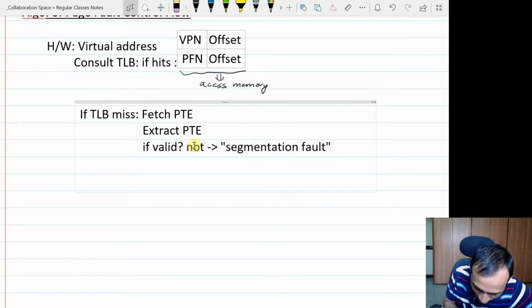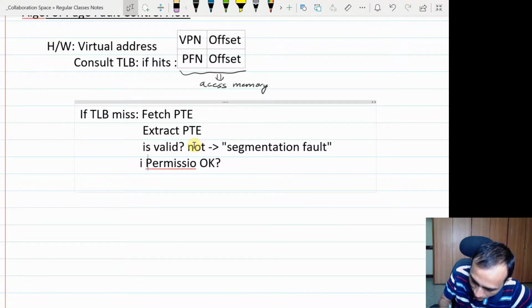So first it checks the valid bit, then it checks the permission bits or the protection bits, whether they are okay or not. If not, then probably it may say illegal permission violation or whatever. And finally, if both these bits are okay, then it will look into the present bit.